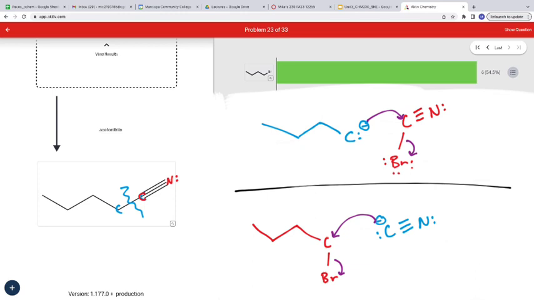And when we talk about running our substitution reactions, what should the hybridization be on the carbon with the leaving group, our substrate? It needs to be sp3 hybridized.